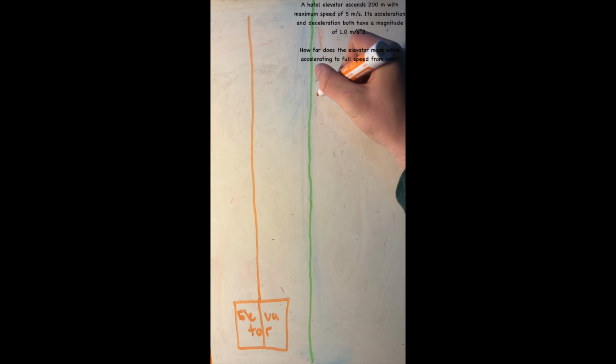Alright, let's start with V initial, our initial velocity, and as seen in the question, the elevator starts from rest, meaning that our initial velocity is going to be 0 meters per second, remember those units.